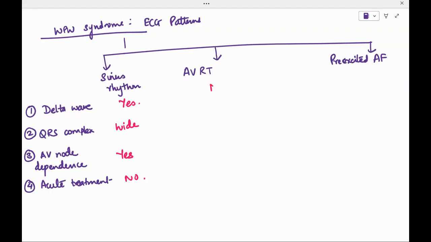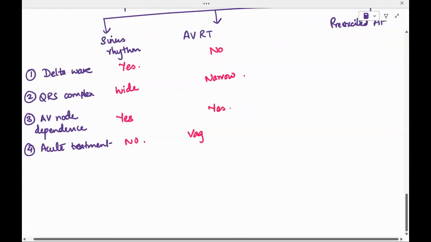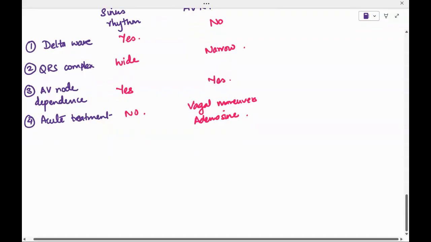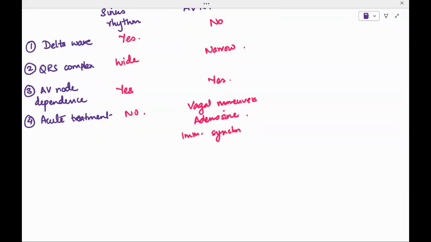Is the delta wave present? No. QRS complex is narrow, as it is a supraventricular tachycardia. AV node dependence, yes. And acute treatment, yes, we can give vagal maneuvers or adenosine in hemodynamically stable patients. And if the patient is not hemodynamically stable, then we can give immediate synchronized cardioversion.